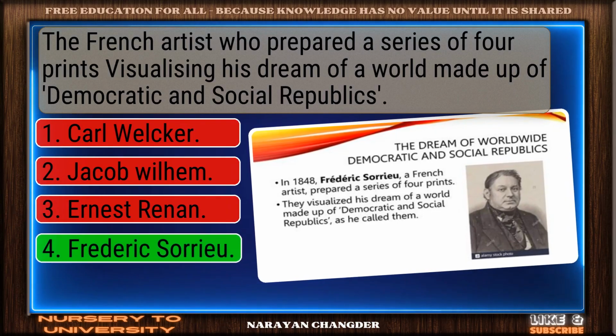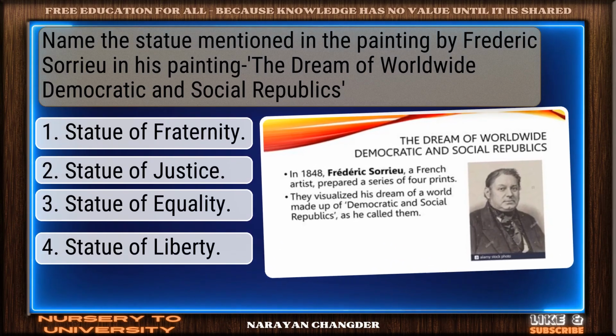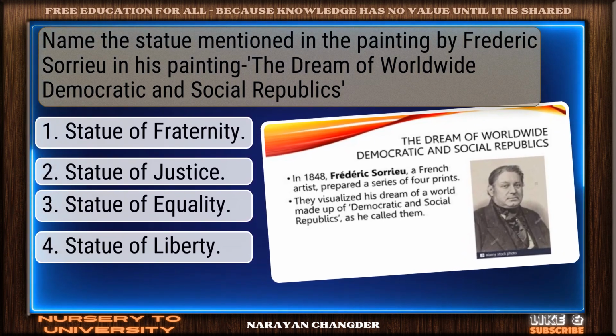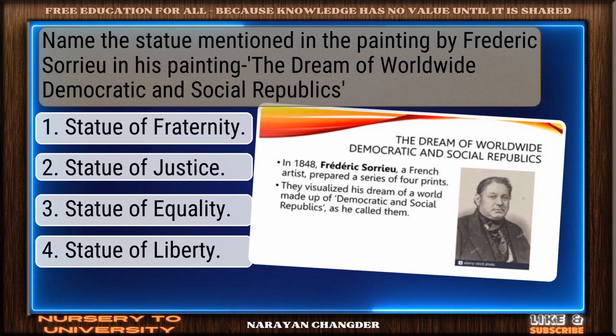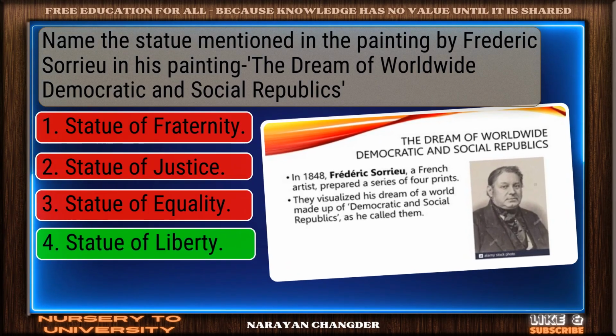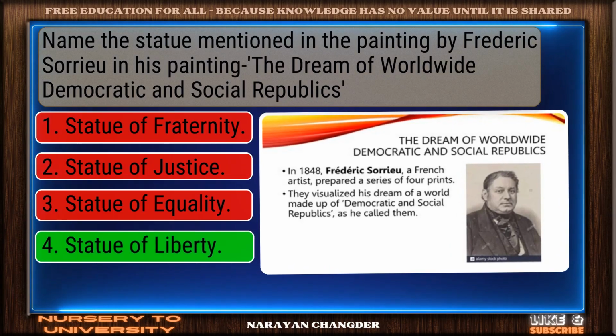Correct response. Frederic Sorrieu is accurate. Name the statue mentioned in the painting by Frederic Sorrieu, The Dream of Worldwide Democratic and Social Republics. Well picked. Statue of Liberty is correct.